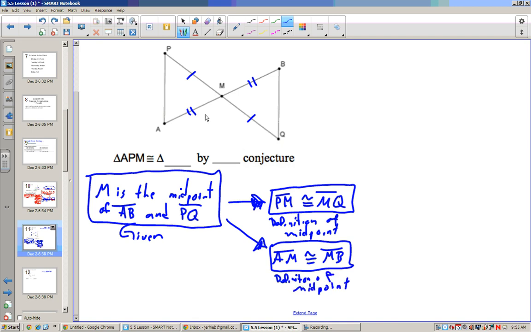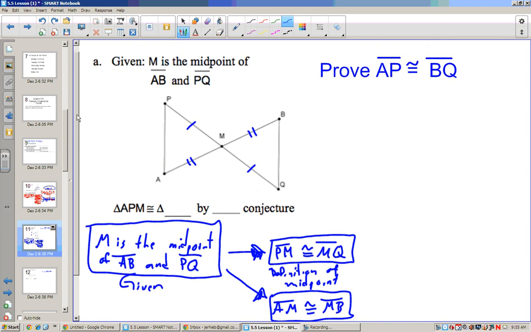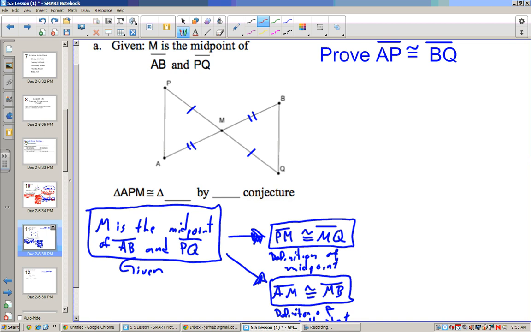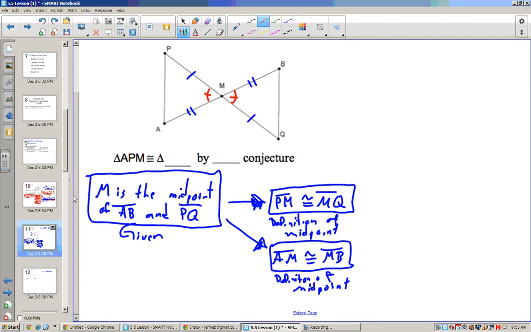Now, two pieces of information aren't enough to show that these triangles are congruent. So we have to look for a third piece of information that's going to be congruent in both triangles. What I know is this angle and this angle are exactly equal because those are vertical angles. So angle PMA is congruent to angle BMQ.